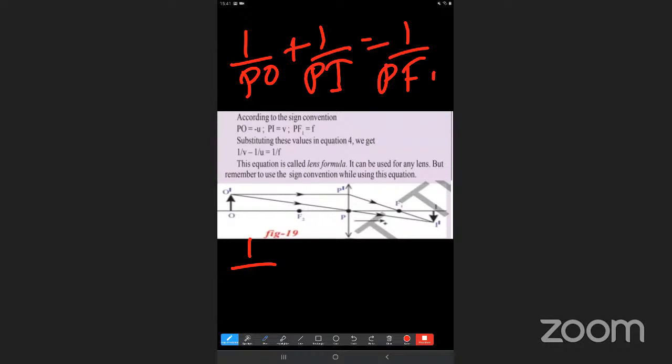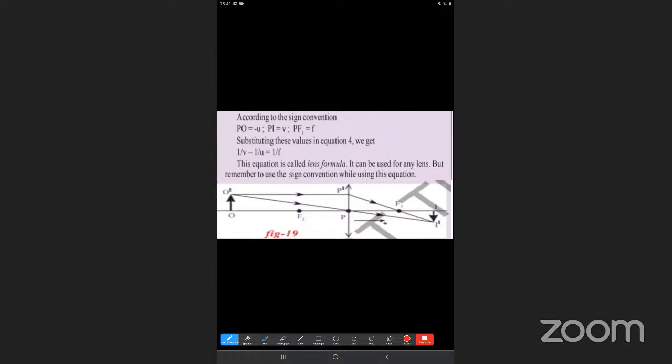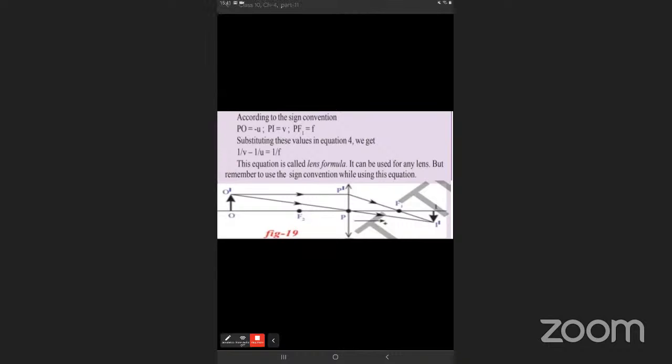We can change this equation into 1 by v minus 1 by u equals 1 by f. This equation is called the lens formula. It can be used for any lens, but remember to apply the sign convention. Otherwise, we can use 1 by PO plus 1 by PI equals 1 by PF1 for a convex lens.